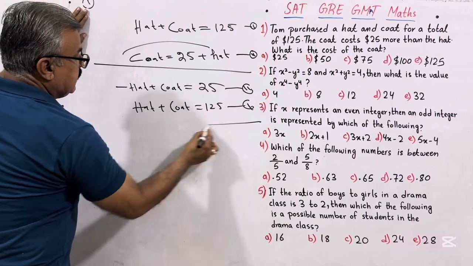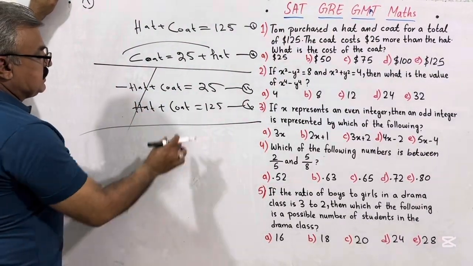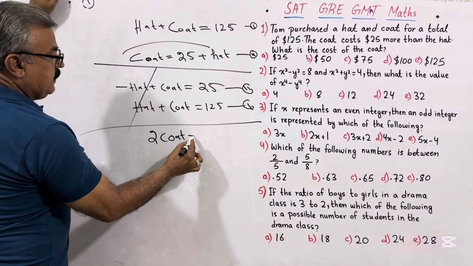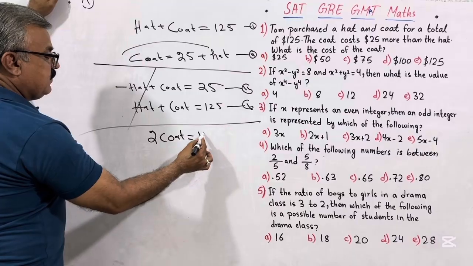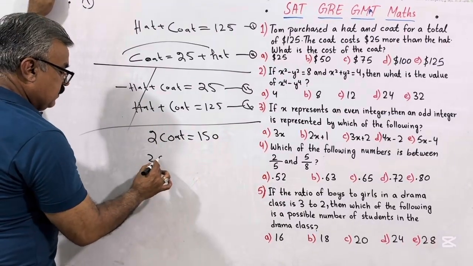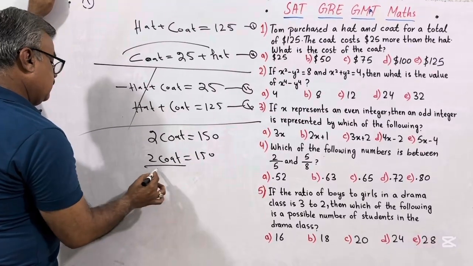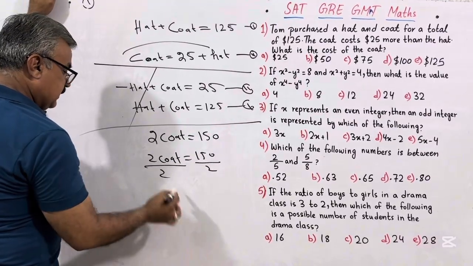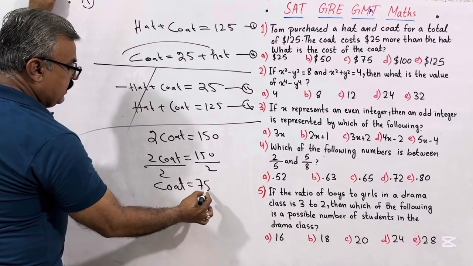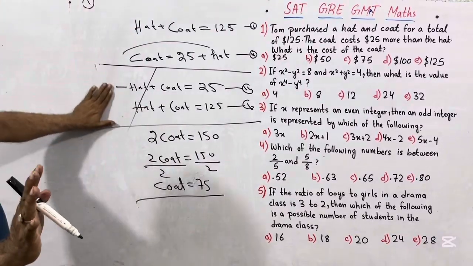If we simply add them up, negative hat and positive hat cancel, coat plus coat, 2 times coat is equal to 25 plus 125, that's 150. Dividing by 2 on both sides, we have coat is equal to $75. Coat cost $75.